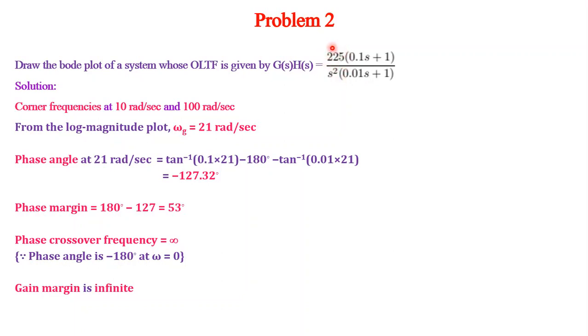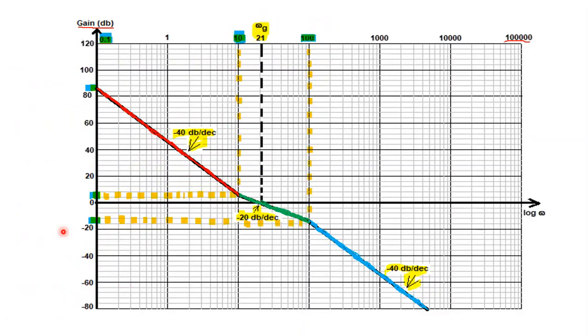225 means 20 log 225. 1 by s square means 1 by j omega square, which is minus 40 log 0.1. Minus 40 log 0.1 is plus 40. So 40 plus 20 log 225 will be somewhere around 84 or something.